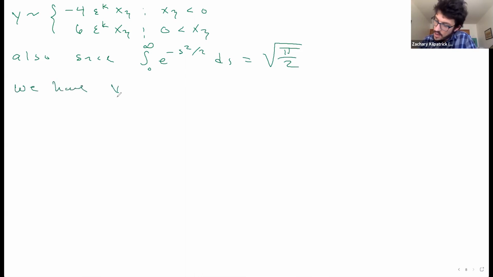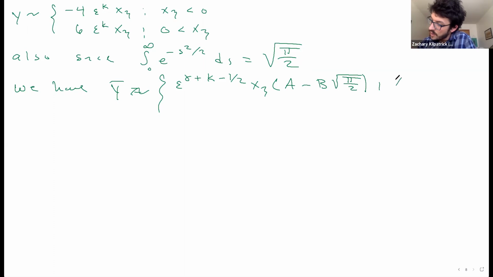we have that our inner solution, y bar, can be approximated as epsilon to the gamma plus kappa minus a half x eta times a minus beta square root of pi over 2 for x eta less than 0, epsilon to the gamma plus kappa minus a half x eta a plus beta square root of pi over 2.